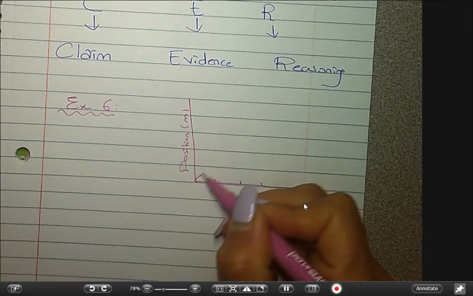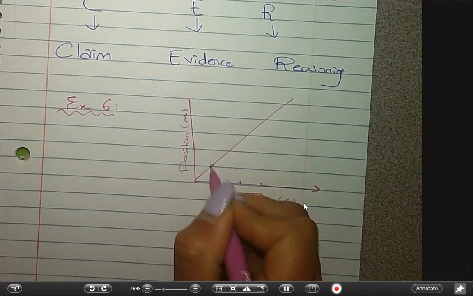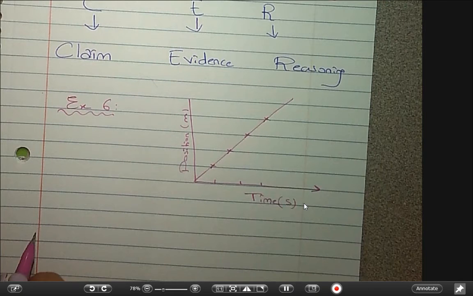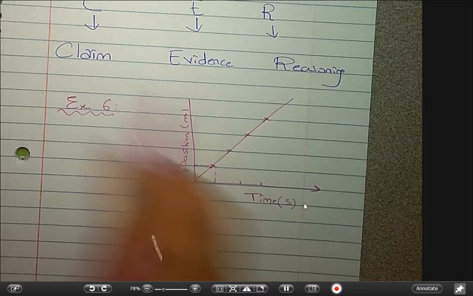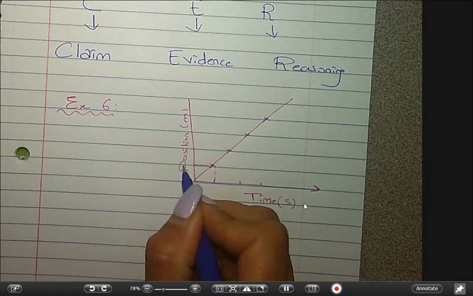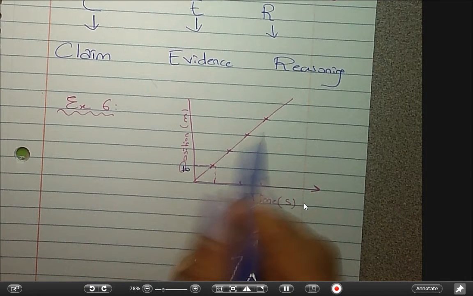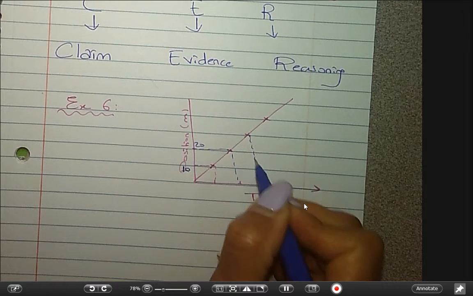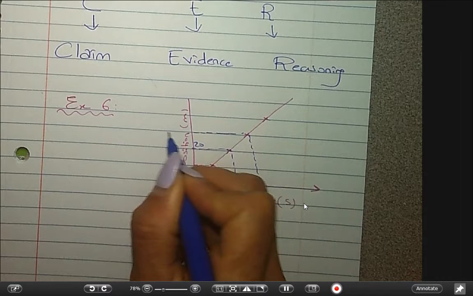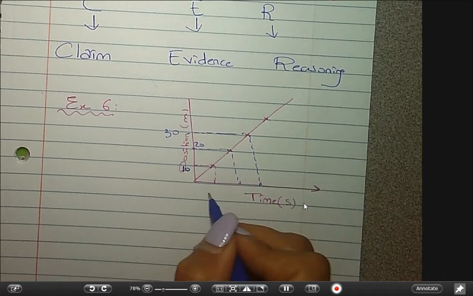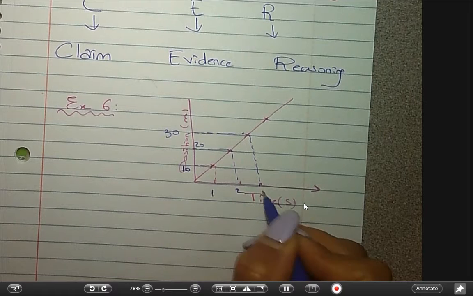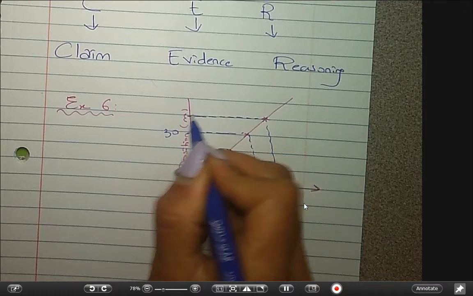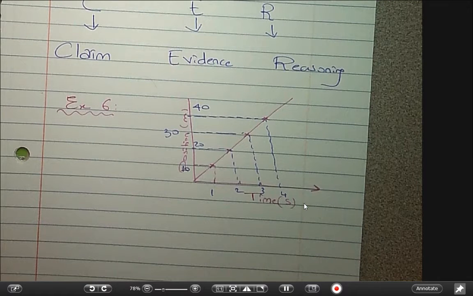And I'm just going to form a straight line. This is 10, this one right here 20, 30, and here I got the time 1, 2, 3, 4.